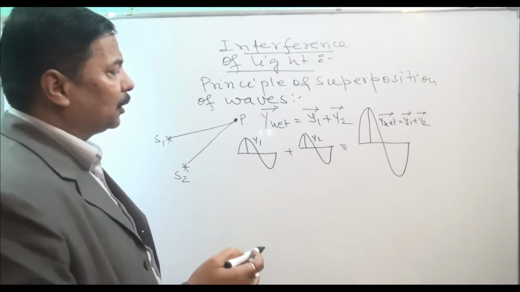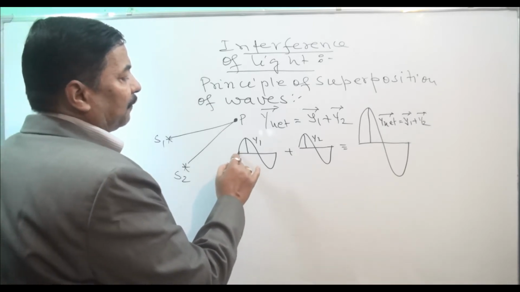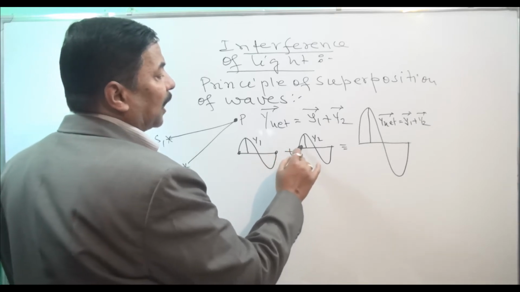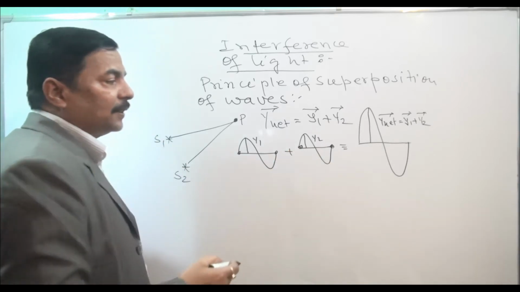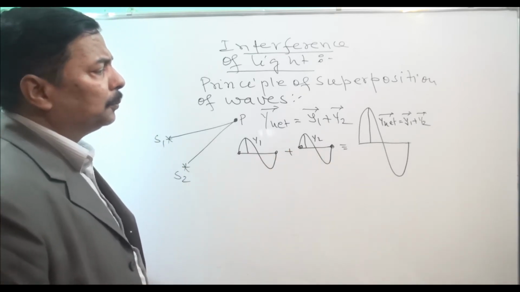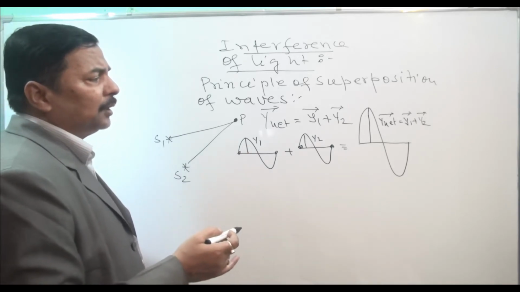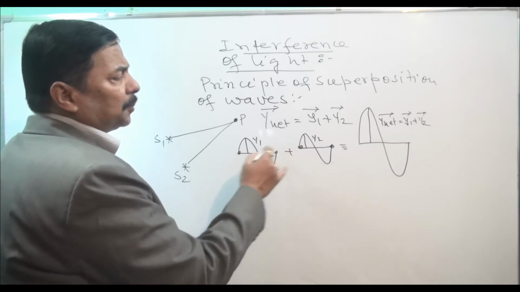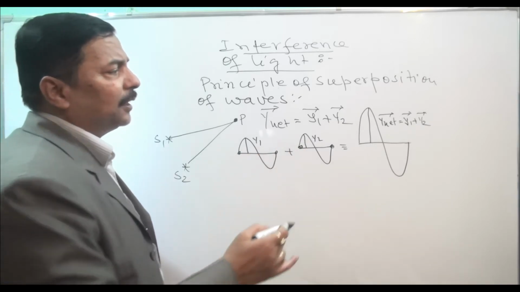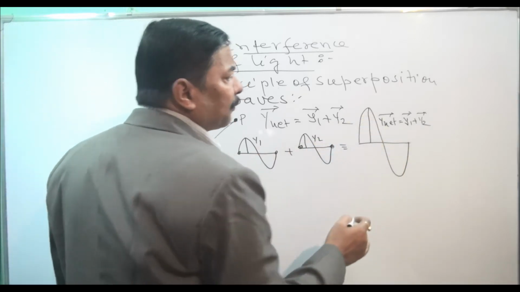Now what is important to understand is that here the wavelength remains the same and the frequency remains the same. As I told you, I will be talking about coherent sources. So these are the two displacements provided by the coherent sources, and then the net displacement is given by this one.